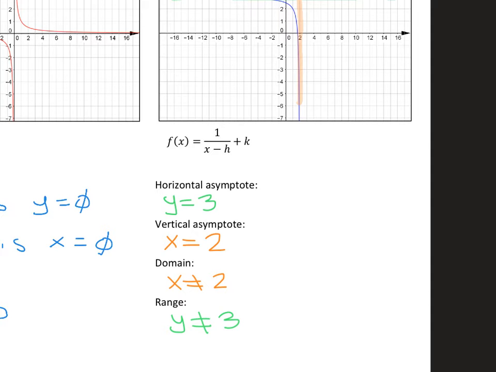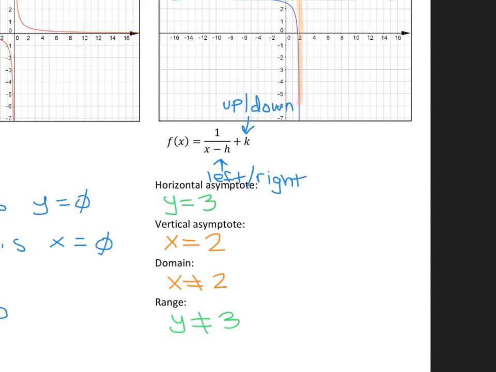So if we could just make a note here that this is left-right. And of course, if we add or subtract directly from the output here, in this case with k, that's going to be responsible for translating up-down. So it's extremely consistent on every function we've looked at this year.